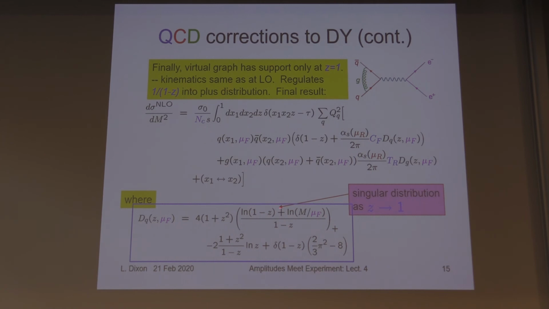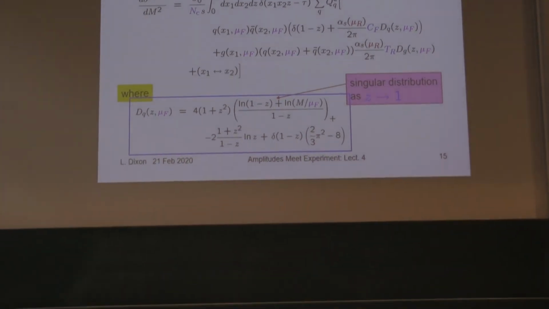Notice that it's a singular distribution as z goes to 1. So there's a regularization that's required, as we talked about last time, when you have any kind of a 1 minus z plus in the denominator. You define it on a test function.